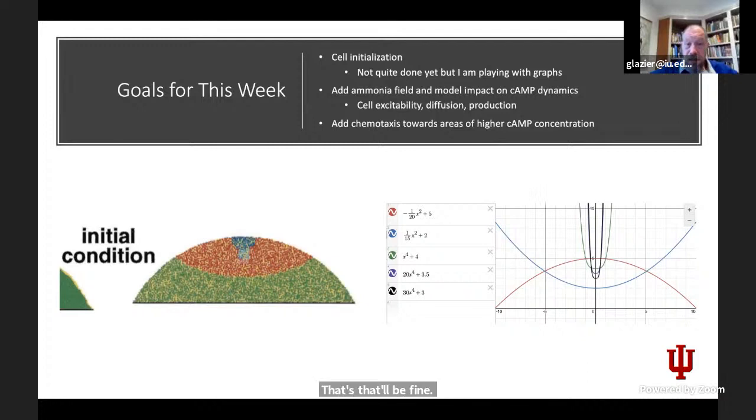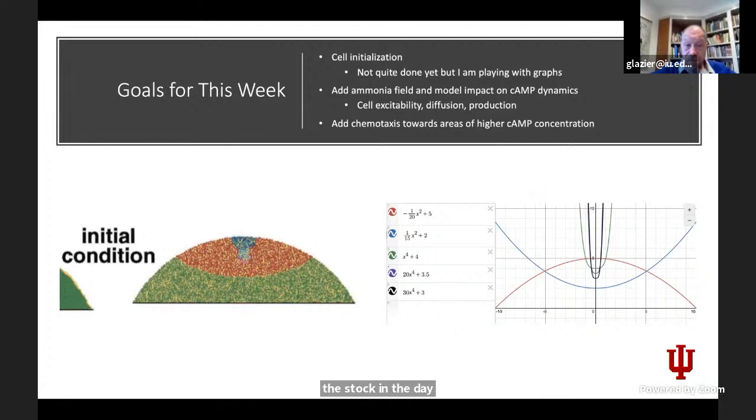Because in his later work, he actually showed that there are different strains of dicty with mutations, where the chemotaxis is different, where the signaling is different, and those give rise to different morphologies of the stalk.